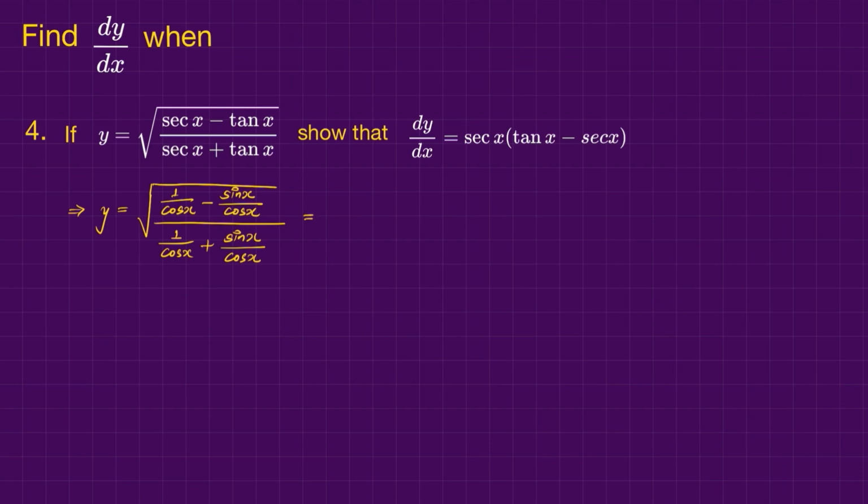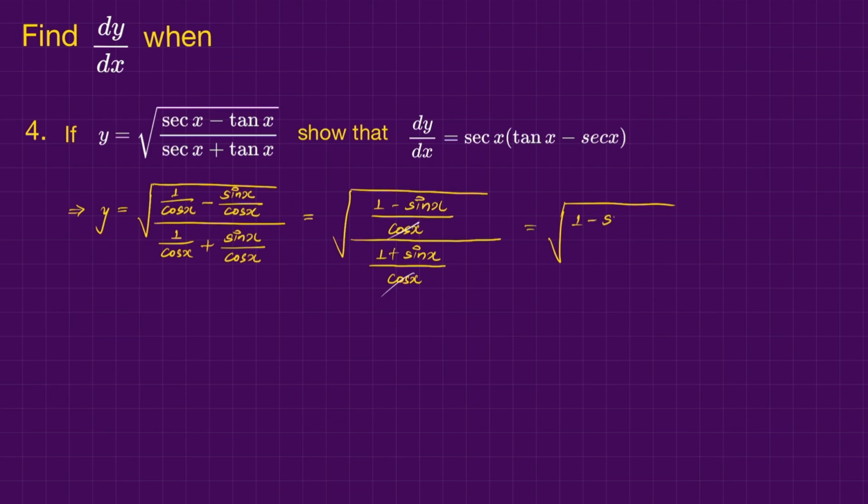So this will be equal to root over, taking the LCM in the numerator, cos x, and here 1 minus sin x, divided by, in the denominator also the LCM cos x, and here 1 plus sin x. Here we can see that this cos x and this cos x are getting cancelled. So it will be equal to root over 1 minus sin x by 1 plus sin x.